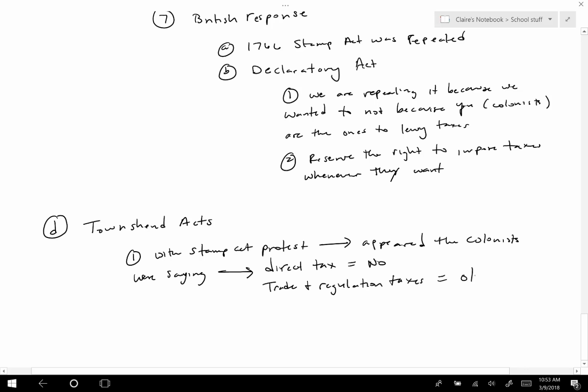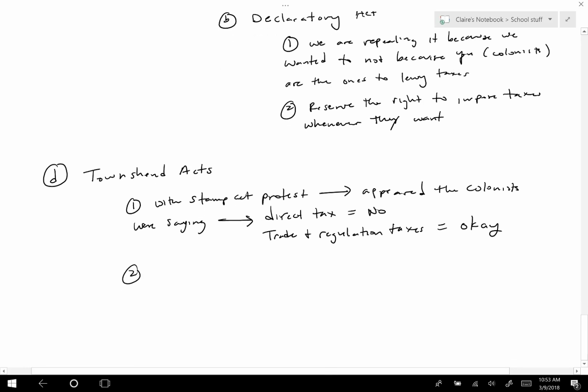Those were okay. And so the Townshend Acts take them at their word, essentially: okay, we're not going to direct tax anymore. At least you've got to give the British credit for the fact that they didn't immediately go, yeah, we have the right to do that, and then the next year go, see, we're going to directly tax you again.